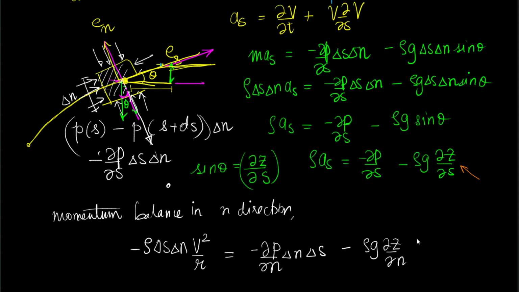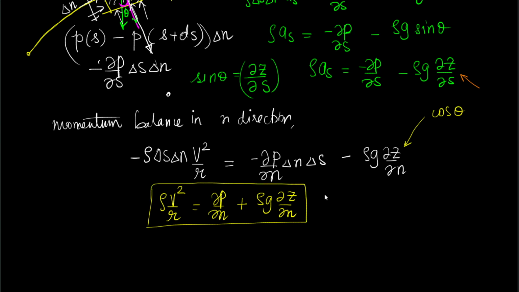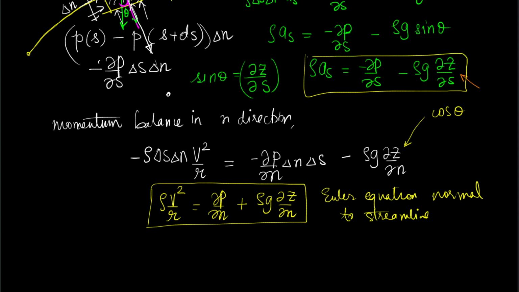It's simple geometry. So with this in mind, we can simplify this as rho v square upon r, where r is the local radius, is equal to del p del n plus rho g del z del n. So this is the Euler equation normal to the streamline. This is the Euler equation along the streamline.